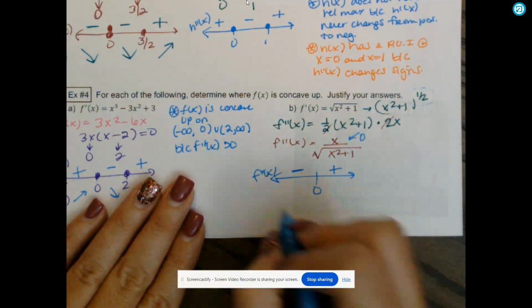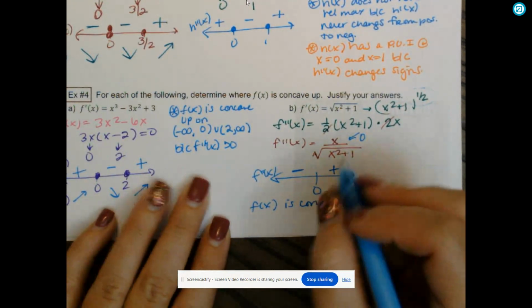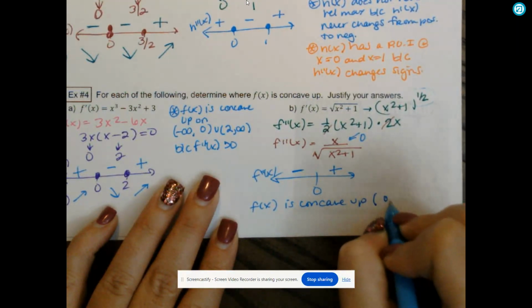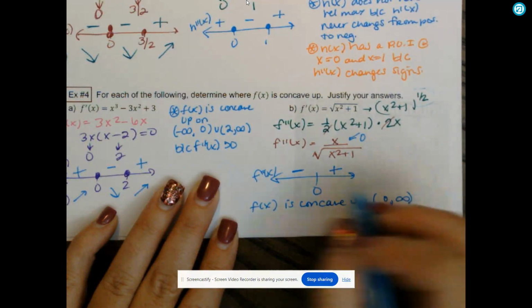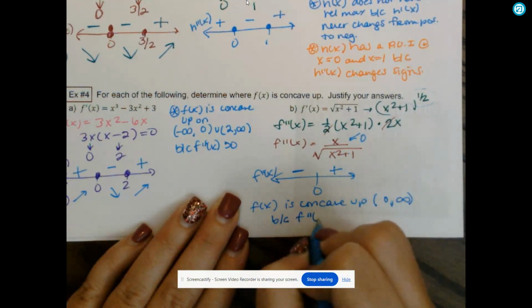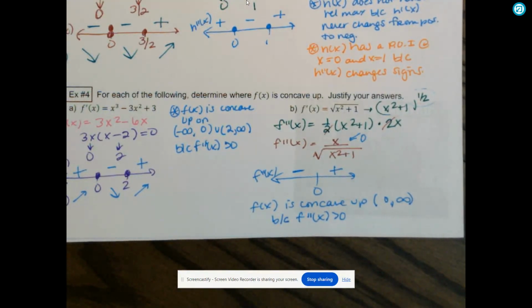So we can say f of x is concave up from 0 to infinity because f double prime of x is greater than 0. Okay, so that was example 3 and 4 from your notes from Friday.